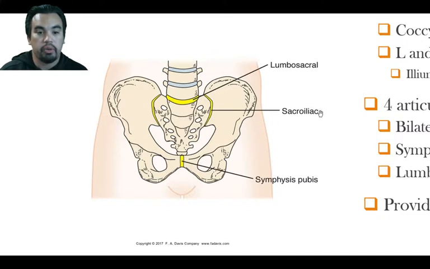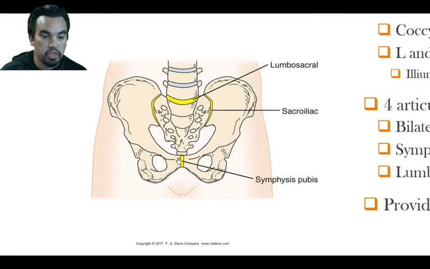Then we have the sacroiliac, so that is the sacrum and the iliac bone right here, the ilium, and this is the iliac crest, as we will further learn. The iliac crest comes around, hits the sacrum here, and creates the sacroiliac joint. Then as we come further around, we see that we have the symphysis pubis, or the pubic symphysis.